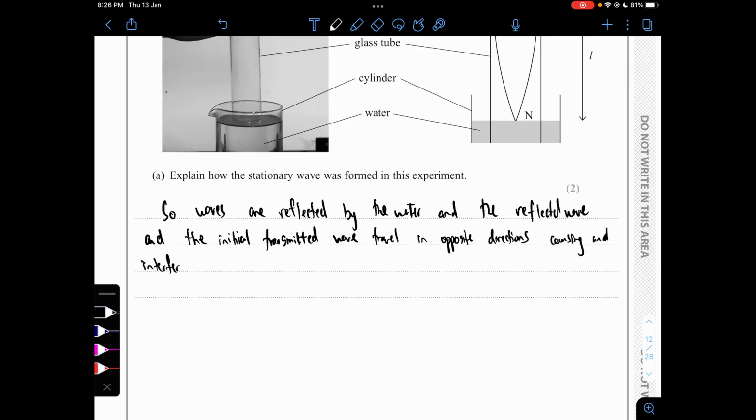So we get our standing wave. So one mark is for talking about the waves being reflected by the water. Second mark is that both waves are traveling in opposite directions.